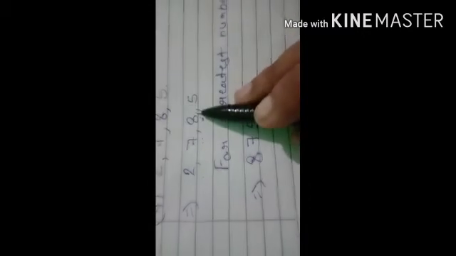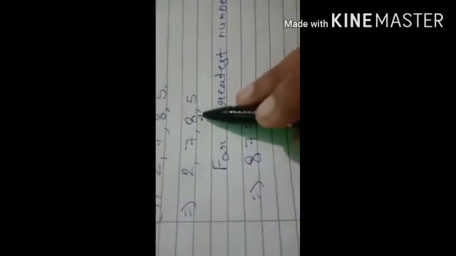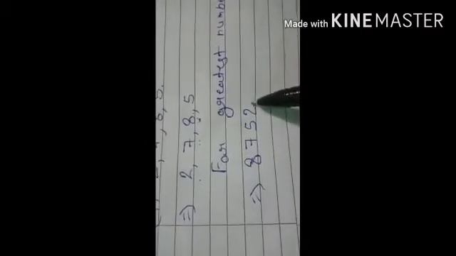After that, as usual, 5, and then 2. So for the greatest number we put the greatest digit from the group first, and after that smaller digits continuously.